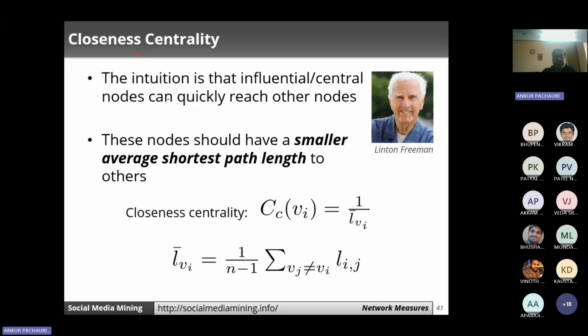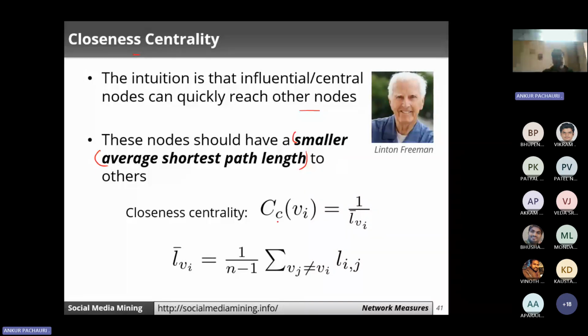The intuition is that influential or central nodes can quickly reach other nodes, so these nodes should have a smaller average shortest path length. We have already calculated the average shortest path length in that Excel sheet of eccentricity. Whoever has the smallest value will be the closest node of the graph.